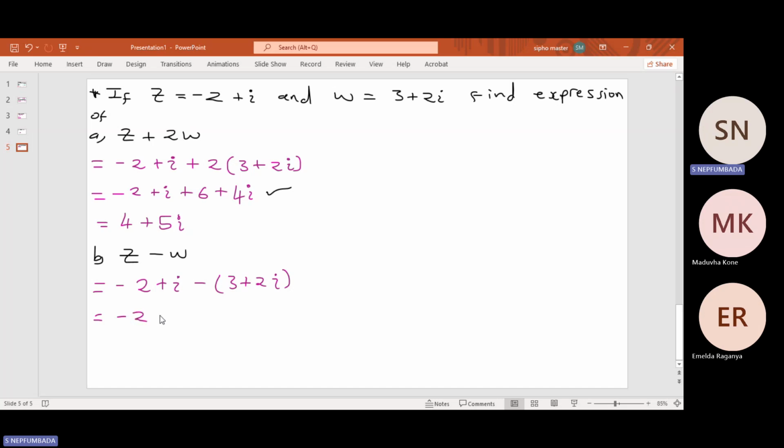This is minus 2 plus i minus 3 minus 2i, which is going to be equal to minus 5 minus i. Are we fine? Yes.